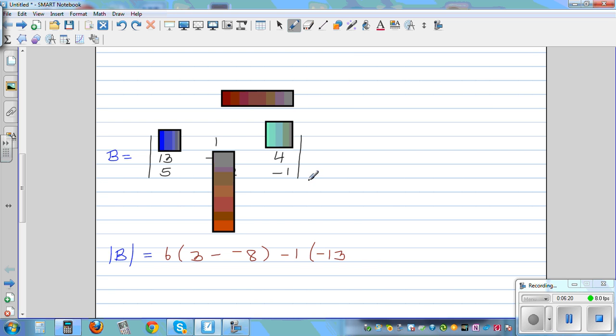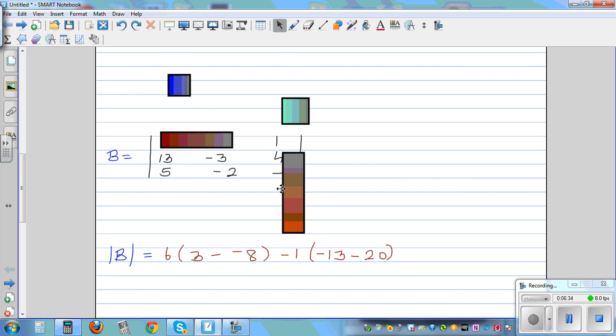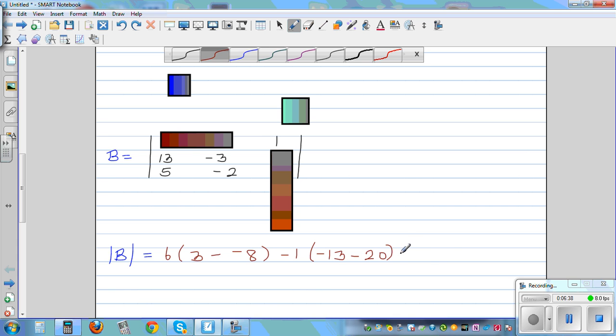You have to be very careful in the calculation, because if you make one mistake, the whole thing is going to go wrong. And finally, when you have 1, you have to cover this. So I'm going to cover this, and I'm going to cover this. So if you do the cover up method properly, this is plus 1 times 13 times negative 2 is negative 26.